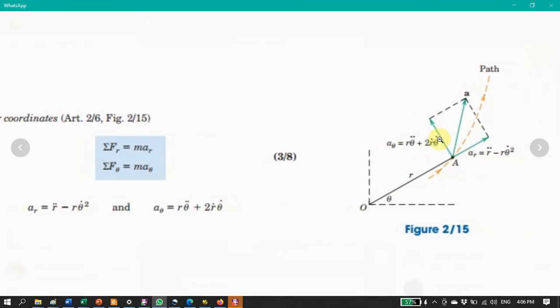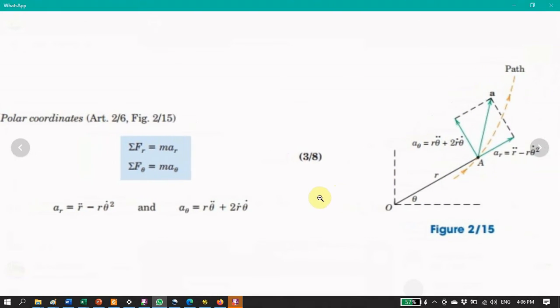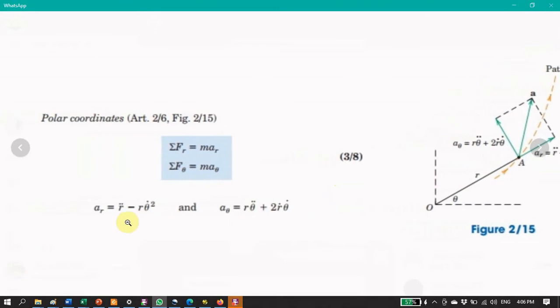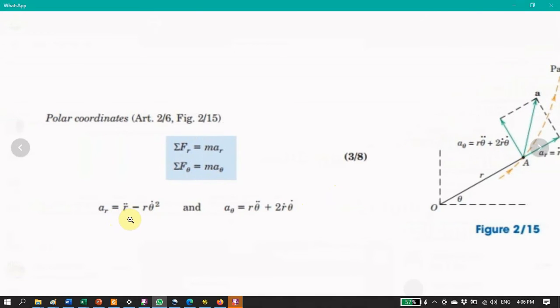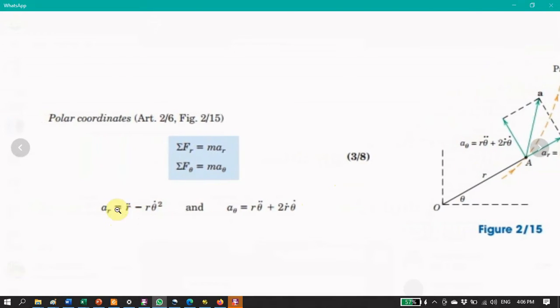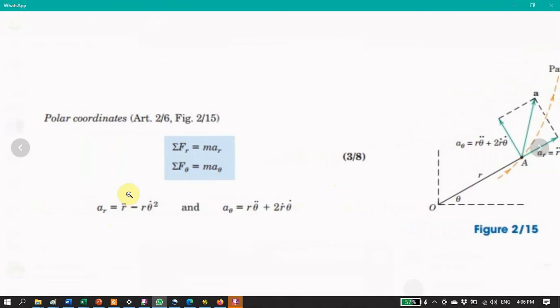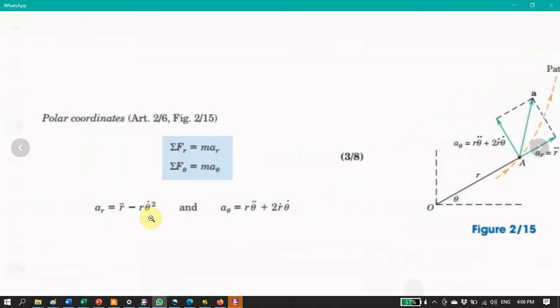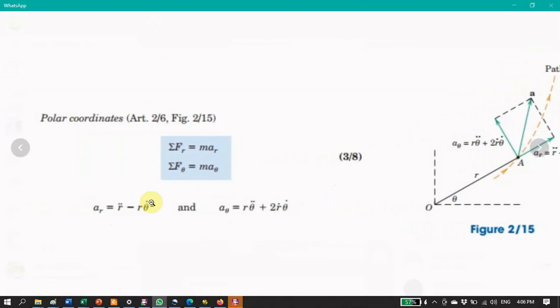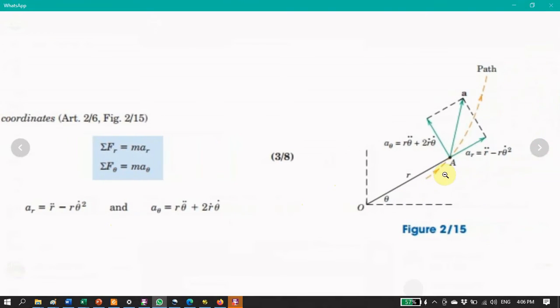Similarly, we can have the same expression for accelerations. So the radial acceleration is given by the radial acceleration minus r theta dot to the power of 2.